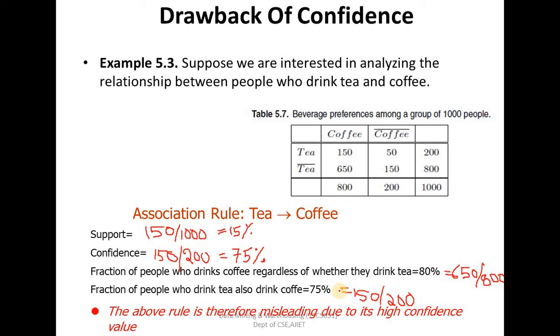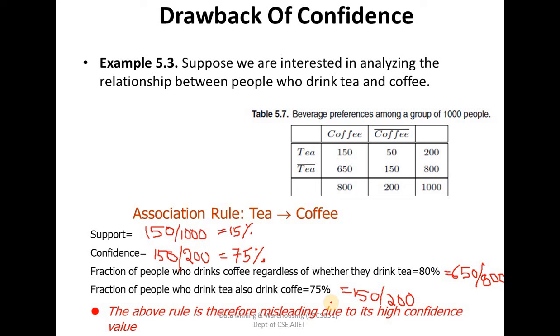So that is 75%. Now we can see here the fraction of people who drink coffee is 80%, but the fraction of people who drink tea also drink coffee is 75%. So we can see that the fraction is reduced from 80% to 75%.